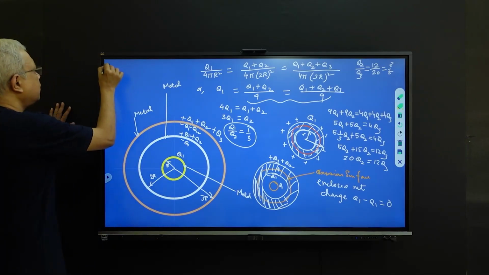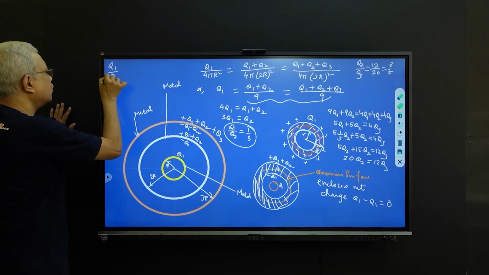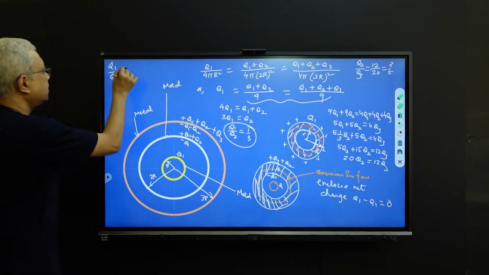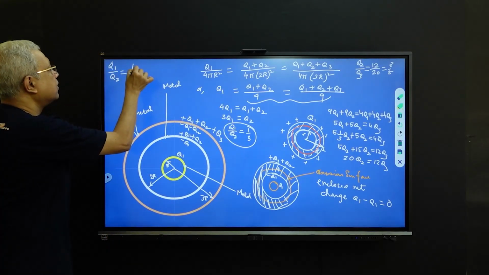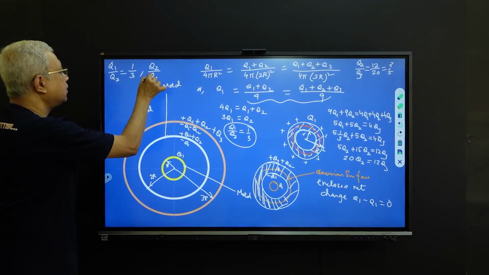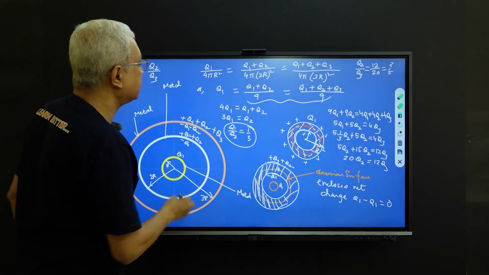So we have found Q1 by Q2 equal to 1 by 3 and Q2 by Q3 equal to 3 by 5.